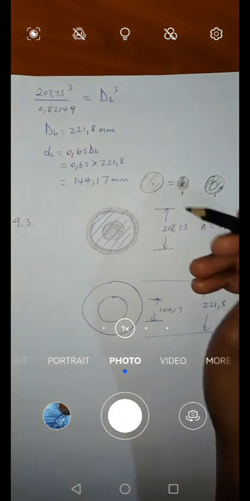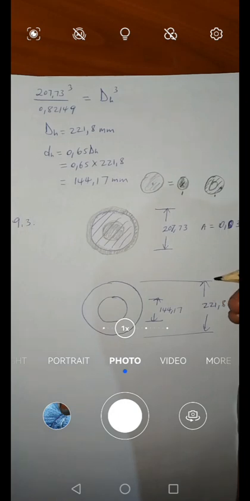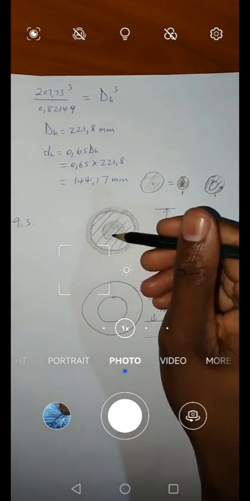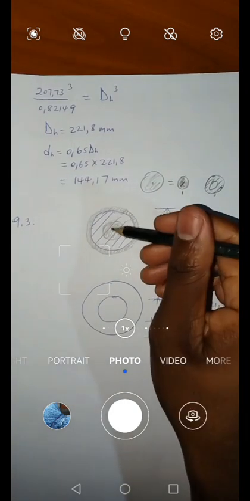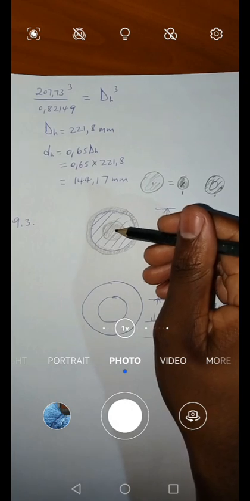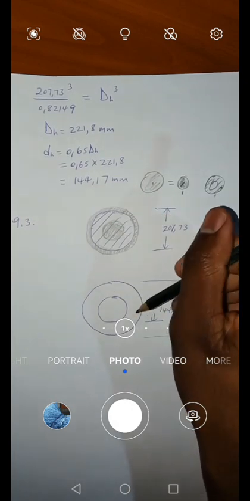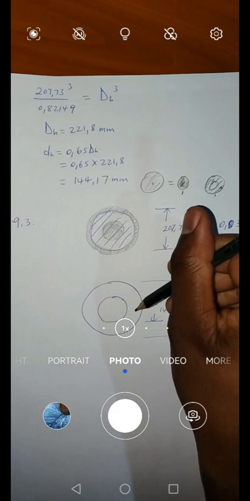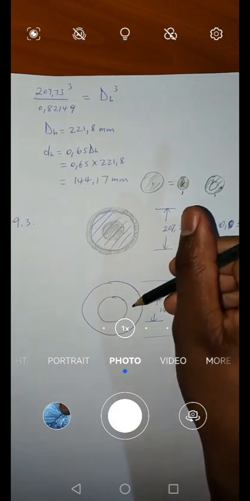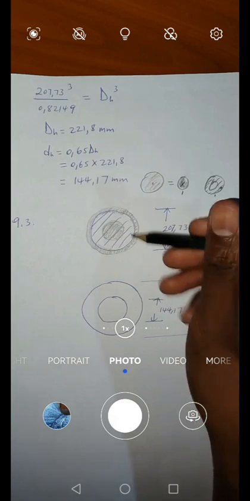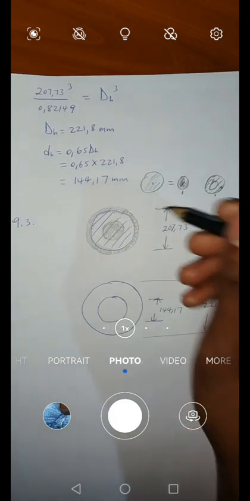Then in this way, you will find that the resistance of this solid shaft will be equal to the resistance of this hollow shaft with less material. So I removed that, and then I've added a certain portion.